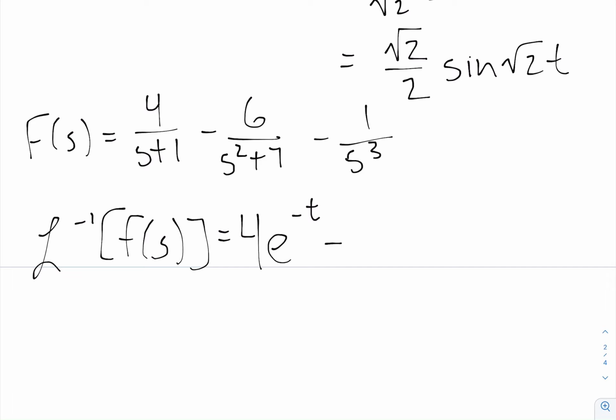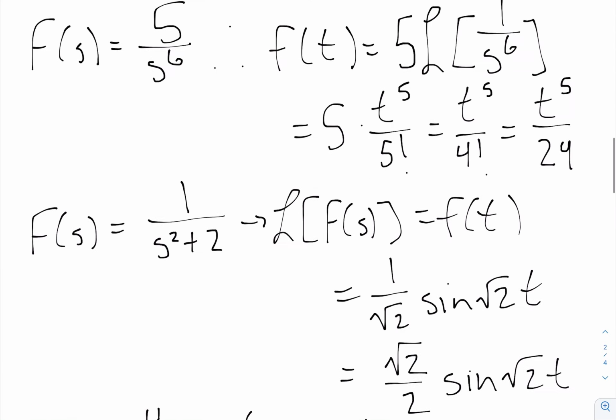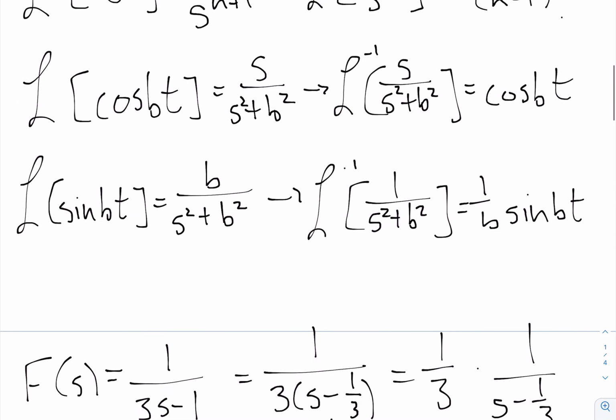right, minus this here. We have 6 on the top, 7 on the bottom. This is where we use this inverse Laplace transform. So this will be 1 over b sine bt. If this is s squared plus 7, that means that b squared is 7, therefore b is the square root of 7. So it's going to be 1 over root 7 sine root 7t. And remember, we have the 6 here as well.